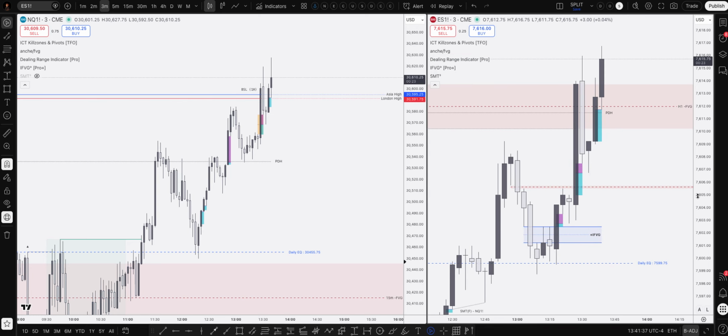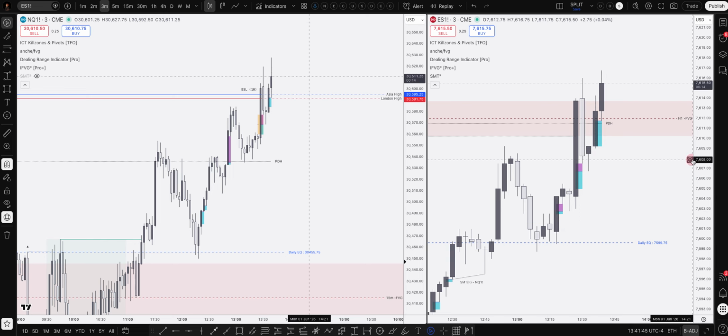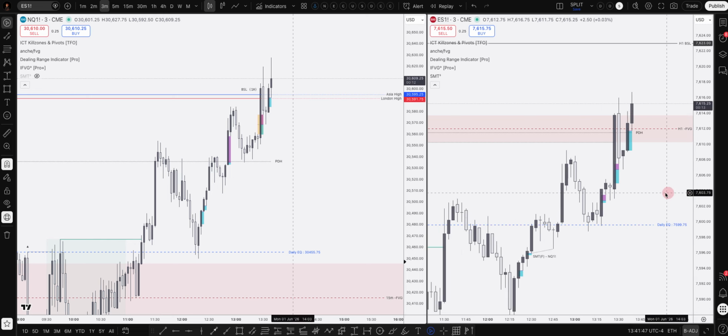You have to be very mindful of the things happening with the setup and how you want to play it and manage it. Because for someone like me, once again, I wouldn't have taken it. But someone else would have taken it, and they would have had to manage that trade a little more aggressively.